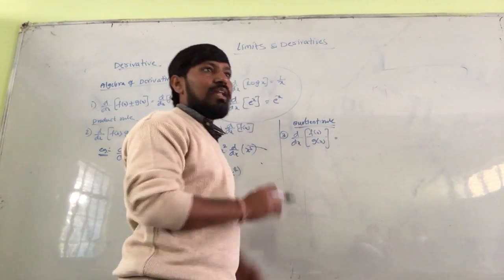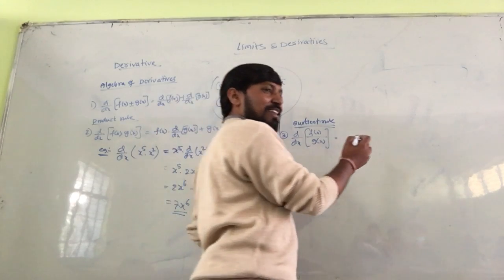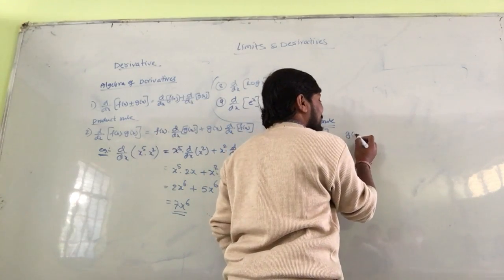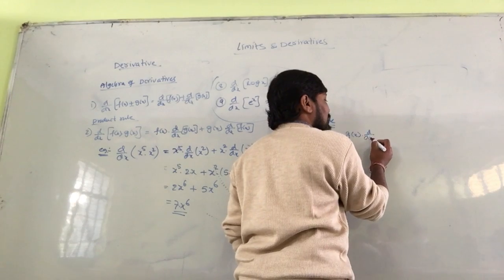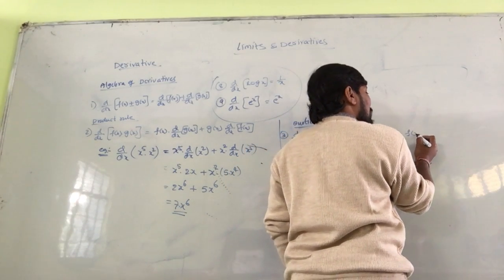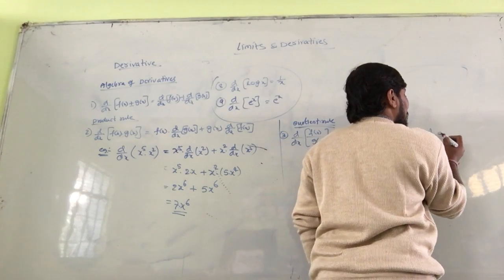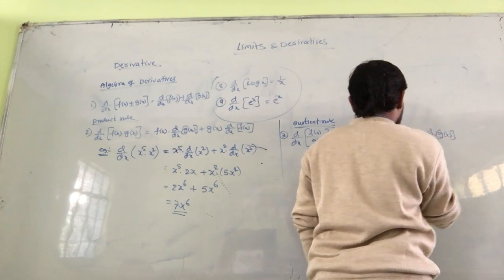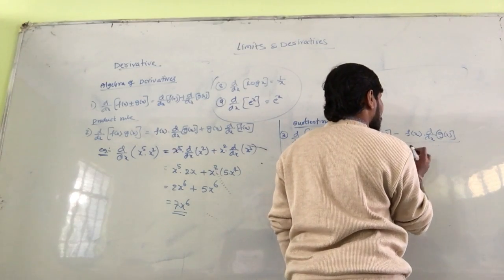If it is given to you like this, do you know? First g of x होगा and d by dx of f of x, minus f of x into d by dx of g of x, by g of x whole square.